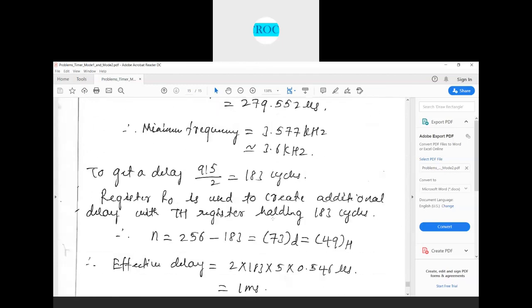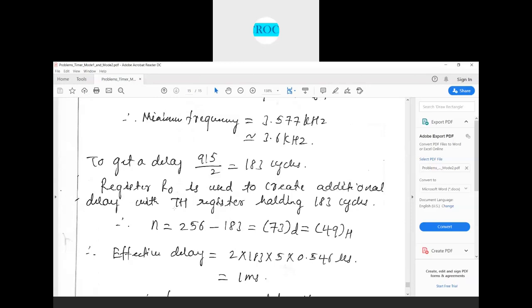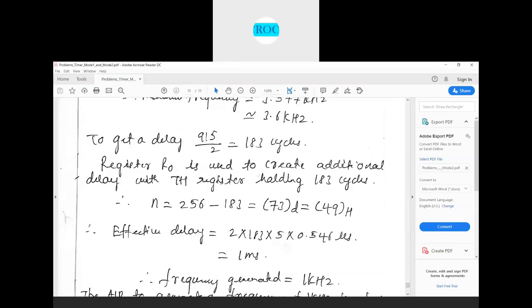So in the TH register we load 256 minus 183, which gives 49H. Since I have 49H, to reach FFH it will count 183 counts.